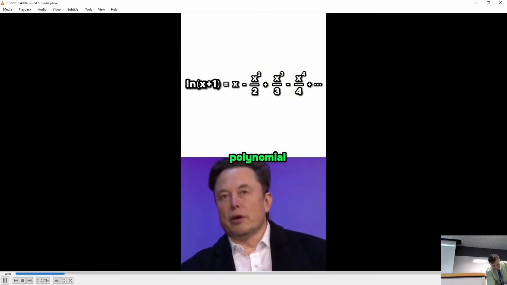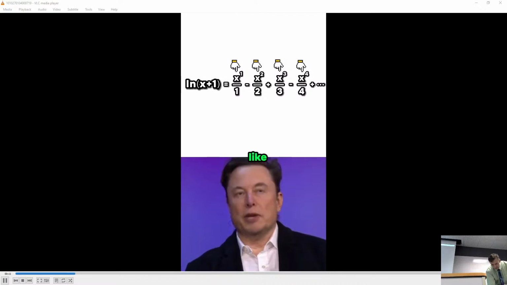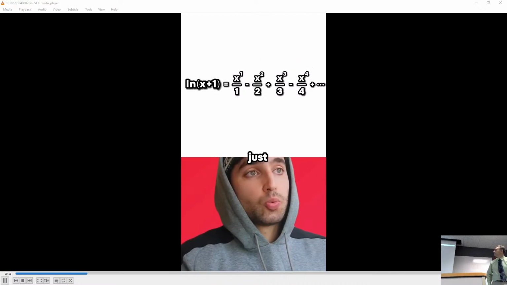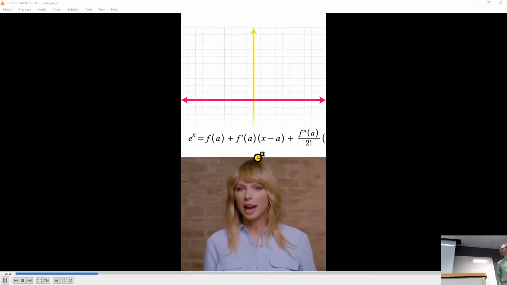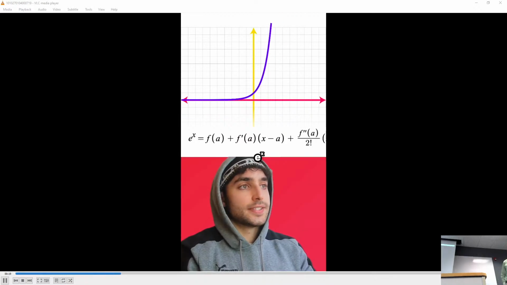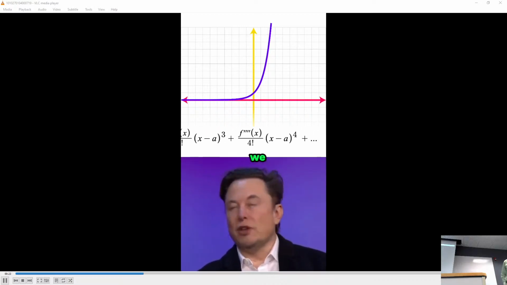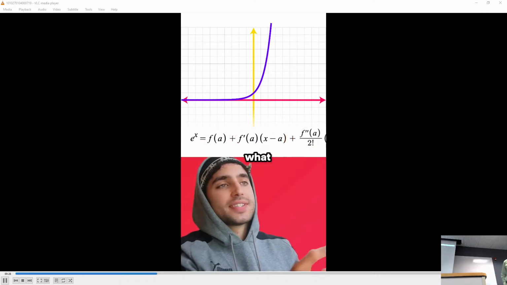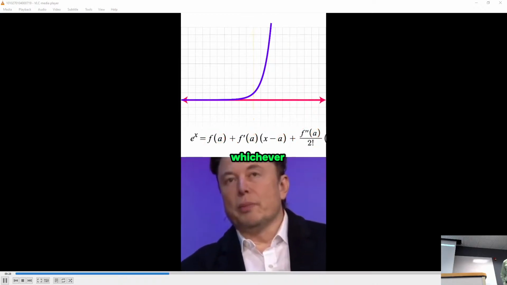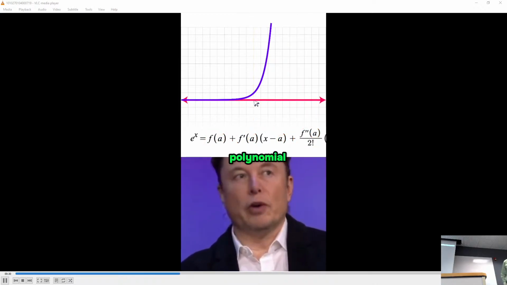So this is the Taylor series. The tool we use in math because remember, a polynomial is just a combo of numbers and variables raised to different powers. All right, can we just work through an example? Sure, let's do it for e to the x. The purple curve up there is how it's going to look. Okay, so how do we break e to the x down? So this here is the formula for the Taylor series, and to rebuild our function, we just gotta find each of these terms. Wait, what is that letter a? It's basically whichever position along the x-axis we build the polynomial around.